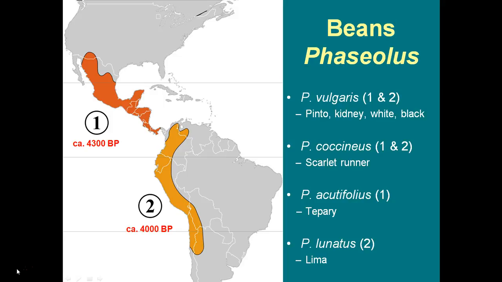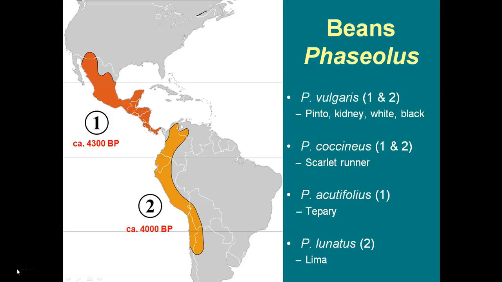Beans are all genus Phaseolus, and the common bean, Phaseolus vulgaris, was independently domesticated in both North America and South America, and provides us with modern varieties that we know as pinto, kidney, white, black beans. The scarlet runner bean, which is a bean that grows along a vine, was independently domesticated in both North and South America.